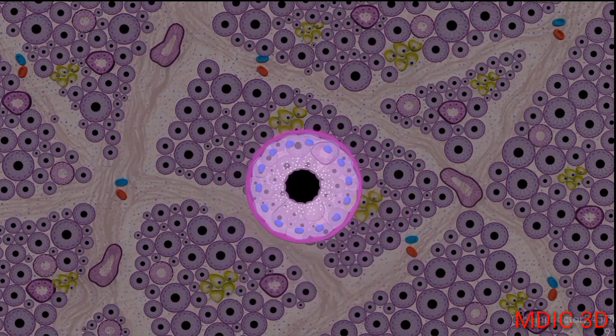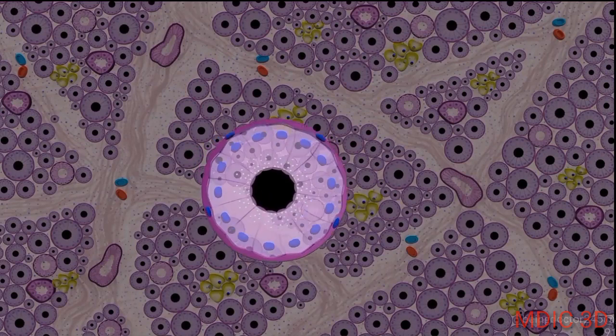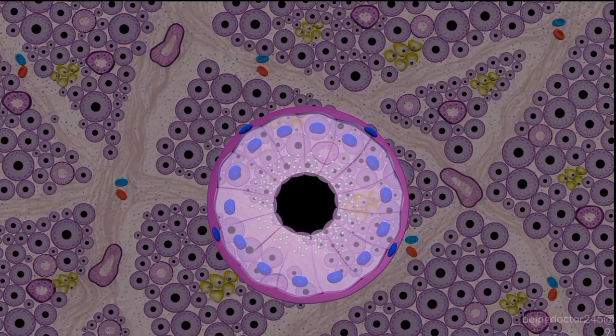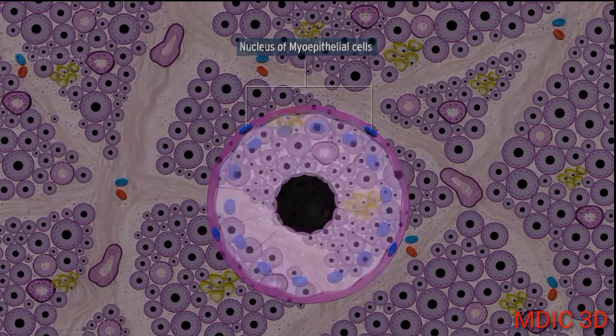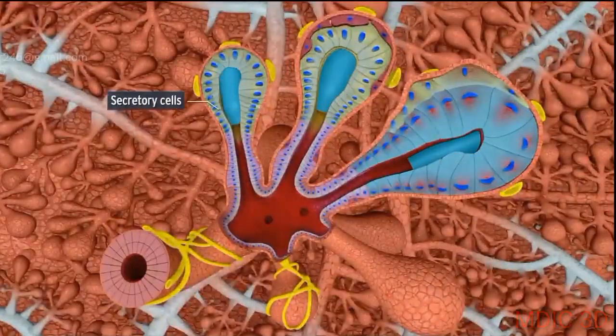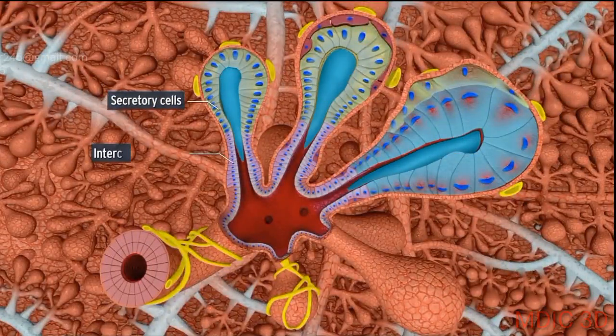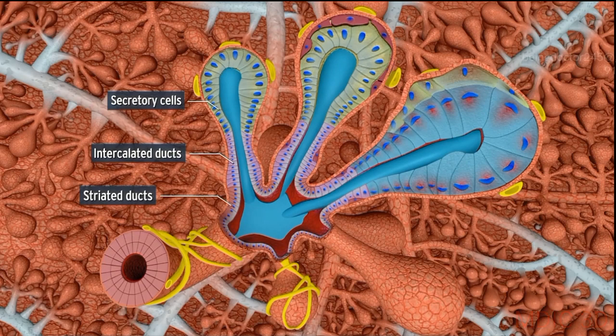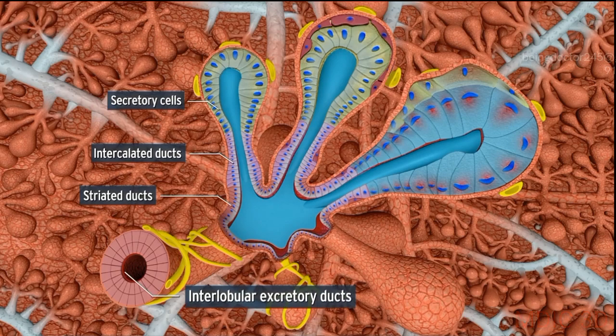All serous cells are surrounded by myoepithelial cells, but owing to their small size, they are not always visible in some sections. The secretory cells empty their secretions into the intercalated ducts, which in turn empty the secretions into the striated ducts. From here, the secretions are emptied into the interlobular excretory ducts.